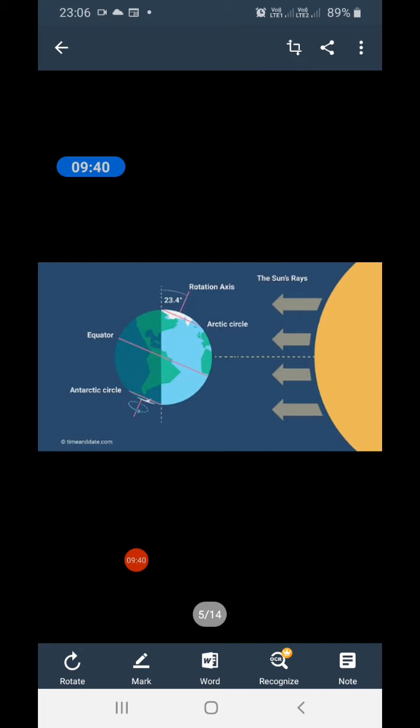So this is called the inclination of the Earth. So it is not straight, it is inclined at a certain angle. And because of this inclination, again, there will be a lot of effect on the climatic conditions and on day and night on the earth.